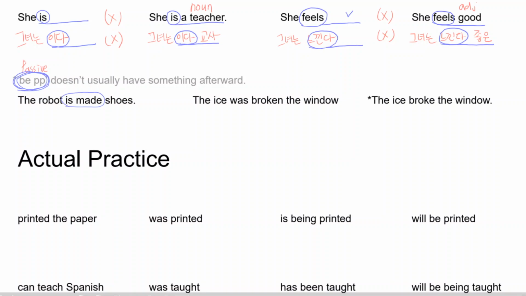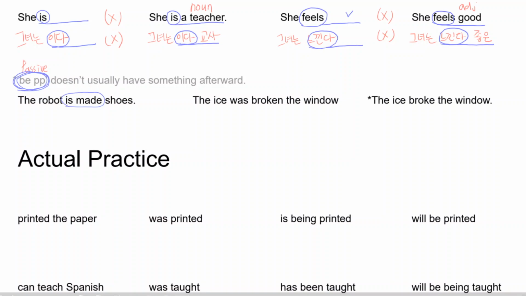Okay, and what do we do here? Do we make an underline here or not? We don't make an underline here, because, as I said earlier, BPP wants to be alone.